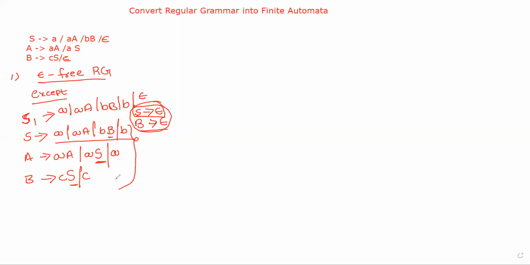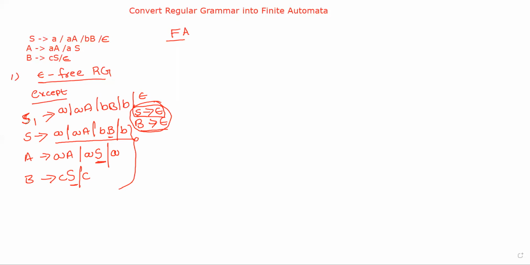That is possible. You got it? In an epsilon free regular grammar, the start symbol may contain epsilon, but the start symbol does not appear on the right hand side. That is the reason I am changing my start symbol from S to S1. S1 contains all the productions of S along with epsilon. Now, convert this grammar into a finite automata.